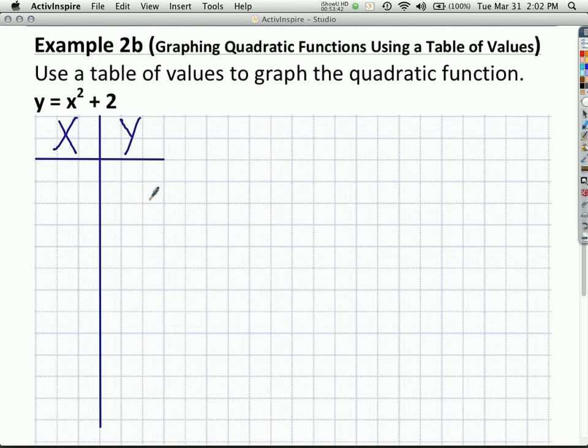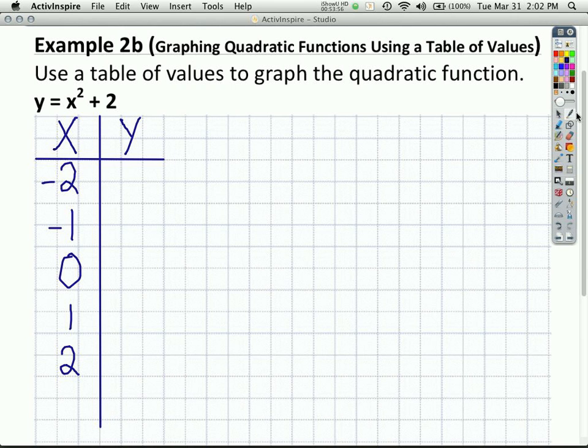And we're going to use the standard domain of -2, -1, 0, 1, and 2. That domain will work very often. There's going to be cases where it won't work very well, but we'll talk about that tomorrow. So now, you have about a minute's worth of mental math to do. Plug in each x value, find the y values. Go.